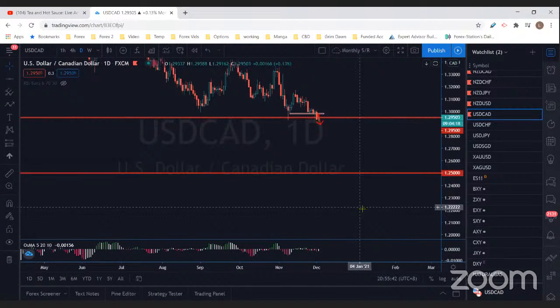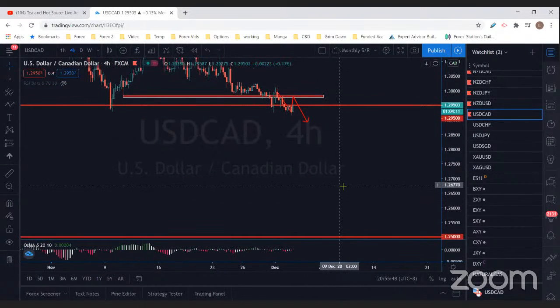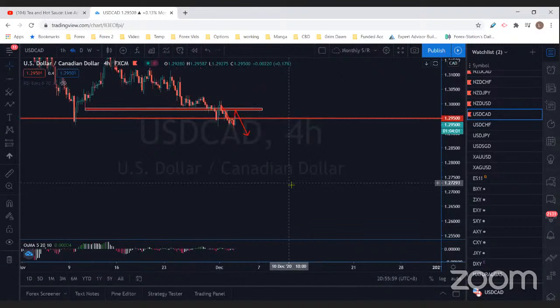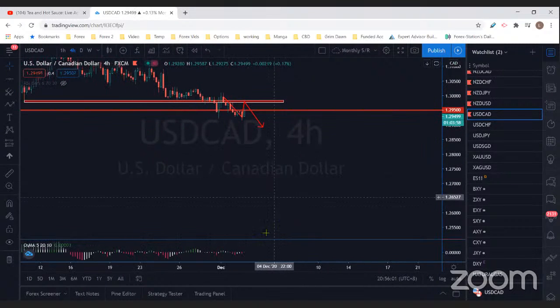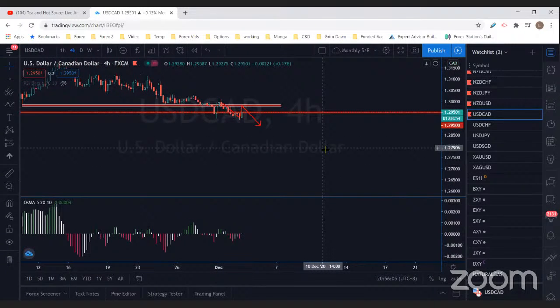Sorry, what did you say? The bullish trade on the USD CAD is gone in my opinion. Yeah, I mean, I'm also looking for some sales, but I haven't seen a real rejection of the 129.60. Yeah, 129.60, 129.50.